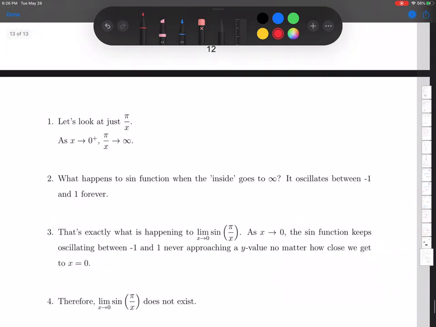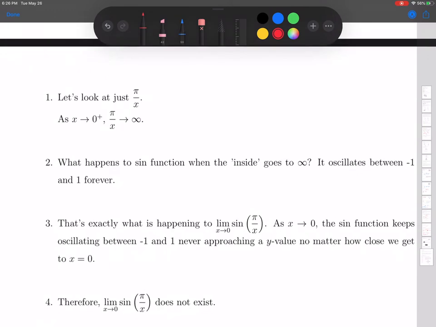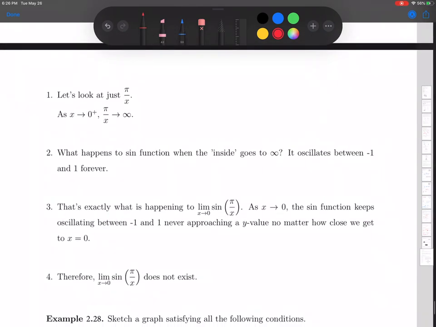But let's try to approach this in a slightly different way. Let's just take a look at pi divided by x. As x approaches 0 from the right of pi divided by x, this is going to go to infinity. So what happens to the sine function when the inside goes to infinity?